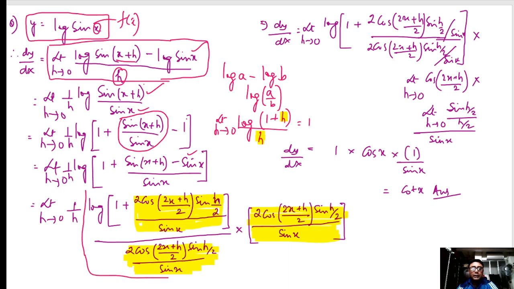This is log 1 plus x by x. So 1 plus x by x, this is giving me 1. Okay, so now I have to apply the limit on this part.